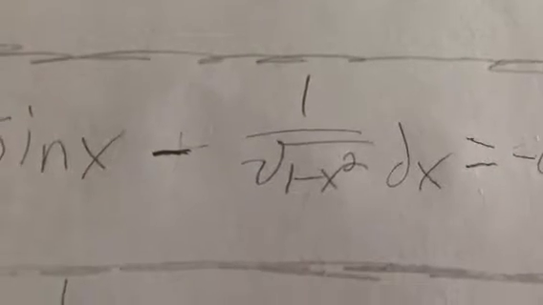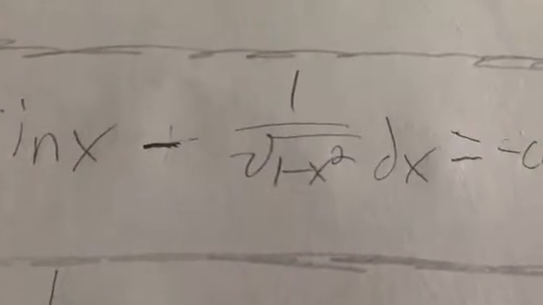Now, since there's a minus there instead of a plus, that doesn't really change much, except after cosine you put a minus instead of a plus, just like in the problem. Okay, so the integral of 1 divided by the square root of 1 minus x squared is equal to arcsine of x. Then that is your answer to this problem. Then you add your constant of variation plus c.